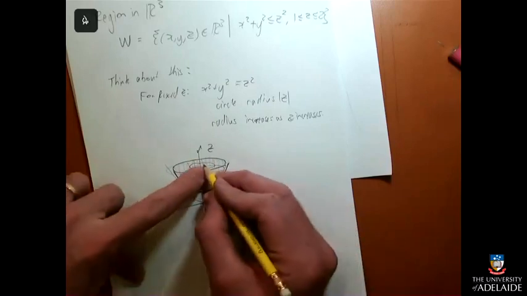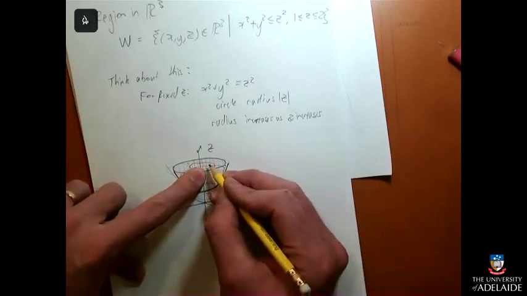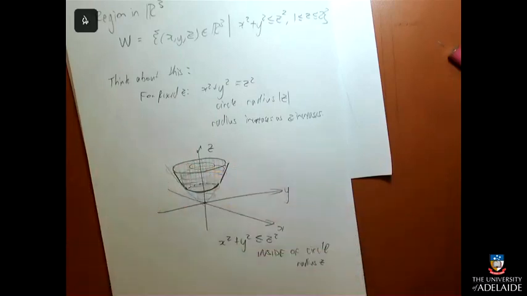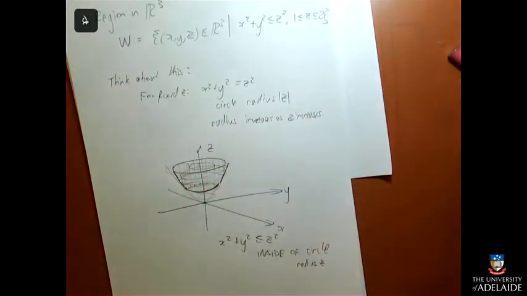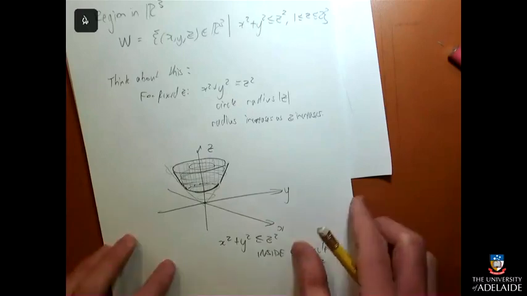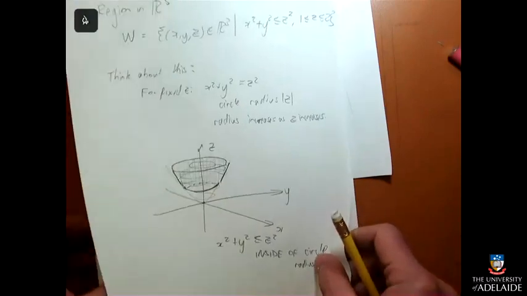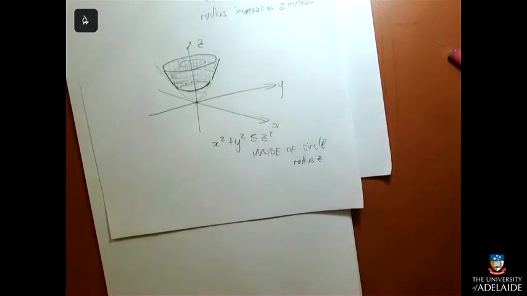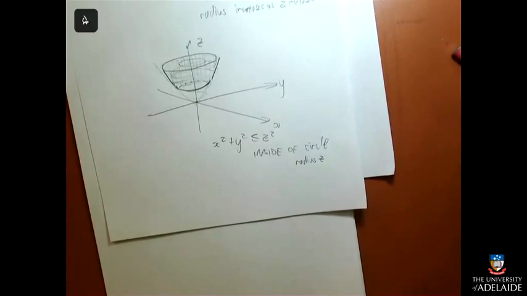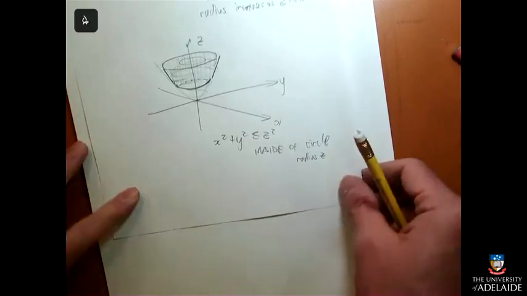And then there's a single number to tell me which circle it is, which is what the radius is at the moment. And then there's a single number to tell me how high the circle is. And that's three separate numbers that are more or less independent of each other. And so that's what I can do. I can pick a circle at a particular height and a particular radius, and I can figure out where I am. Yes, that's what I'm doing.